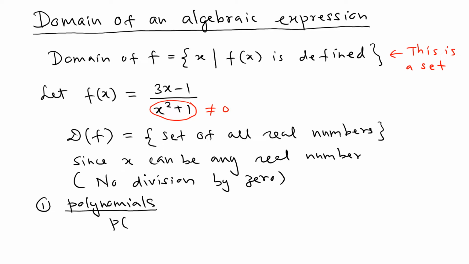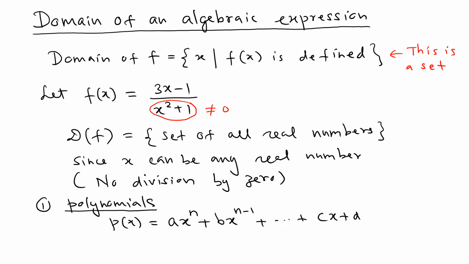Let's say p(x). A polynomial means just a number times x to a positive integer power, then another number times x to the power reduced by 1, and you subtract 1 from the power each time. It goes like that, and you end up with cx plus d.